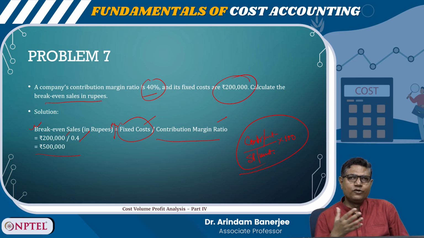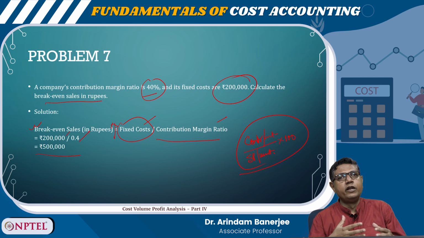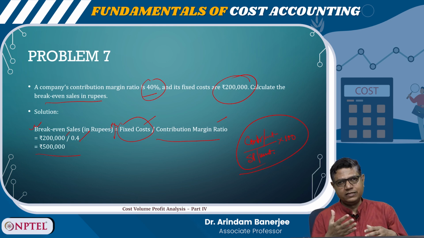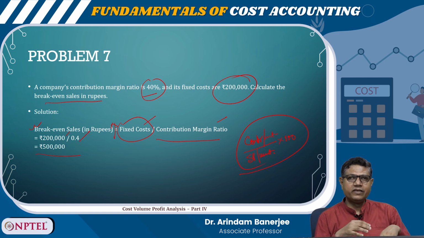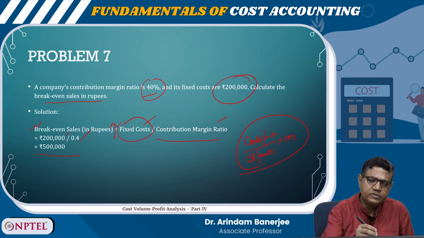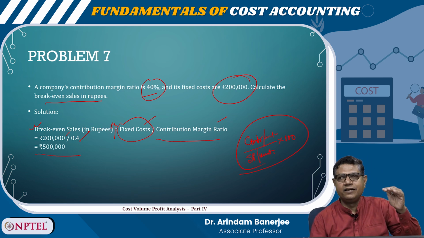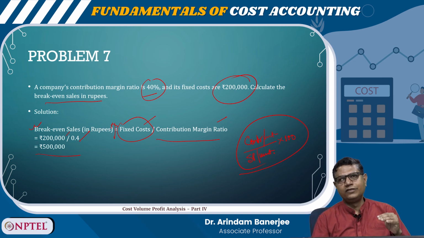All these resources they need to accumulate before going for this. On the other hand, if they keep the fixed cost level low, then the break-even sales will also be low. But if the company keeps the fixed cost level on the higher side and variable cost on the lower side, then what will happen?